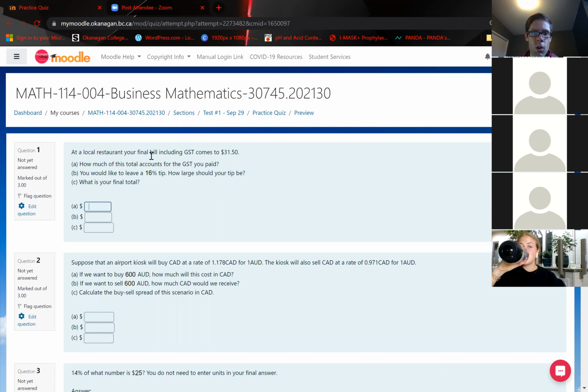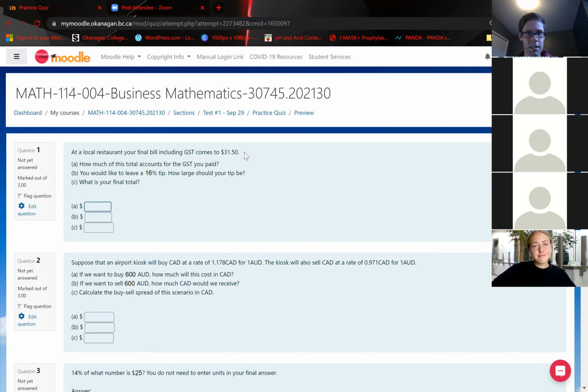So let's say we go to our local restaurant, and we have a bill that includes GST, and that comes to $31.50. How much of this total accounts for the GST that we paid? How much is GST in British Columbia? 5%? I always forget too. I think it's 5%, right?